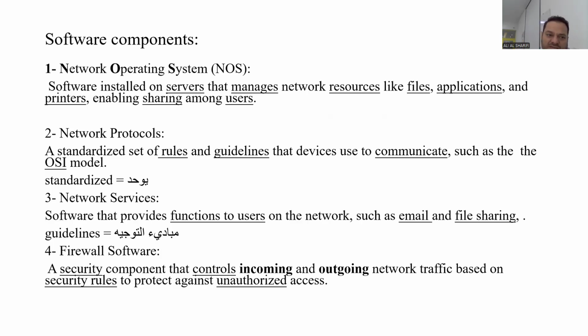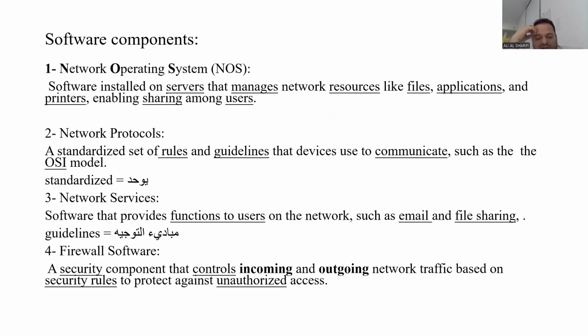Network services, the third point, is software that provides functions to users. It's important because this is the giver of functions to the users on the network. And here we can share data like file sharing, and email is an example of the network services.